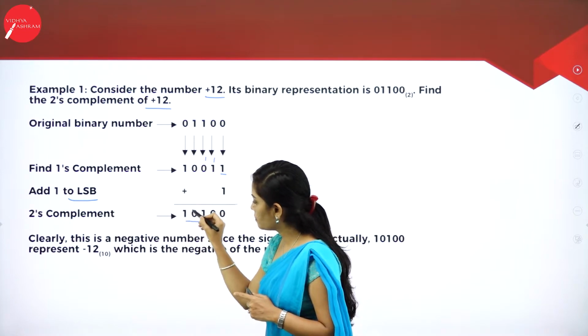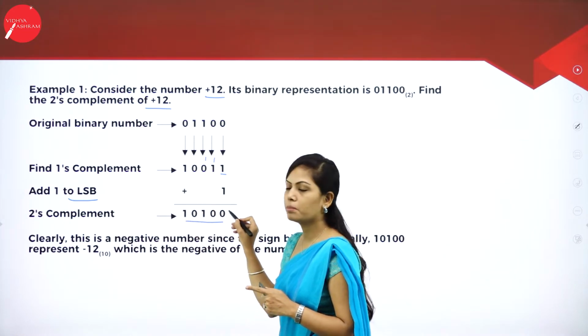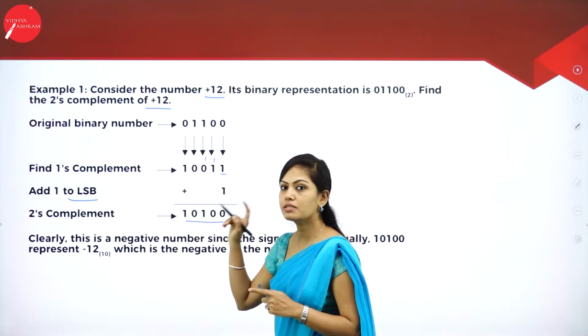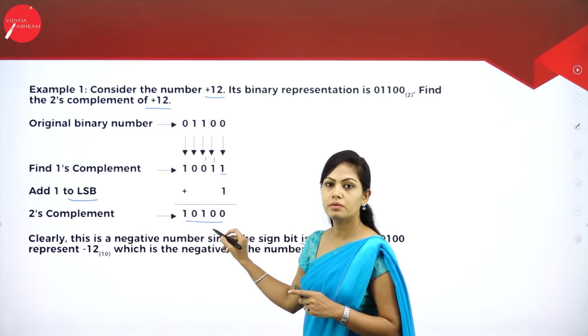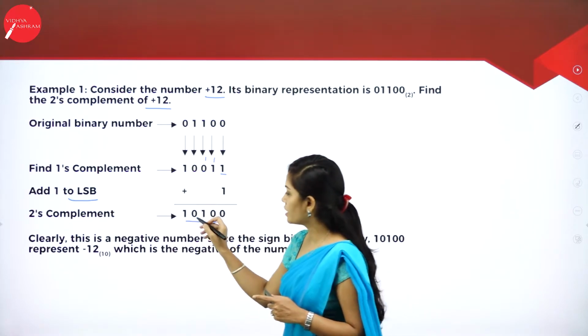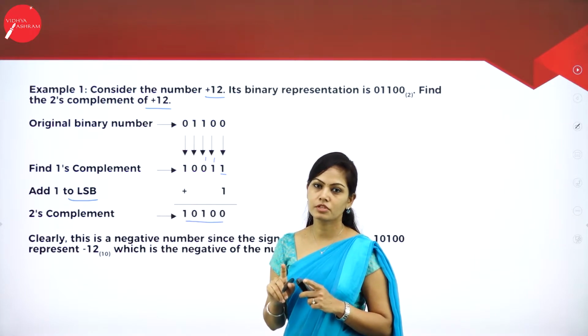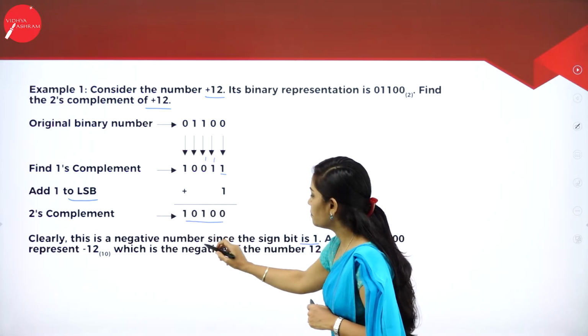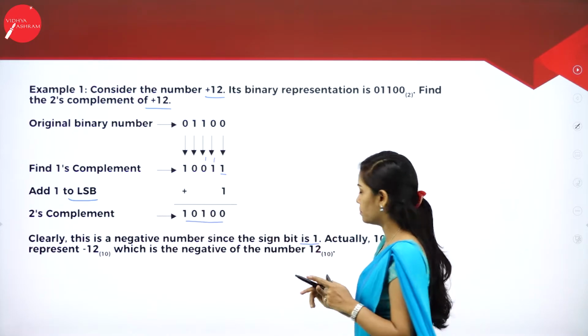If your sign bit is 1, we call it a negative number. If your value starts from 0, we call it a positive number. Got it? So since the sign bit is 1, this is a negative number.